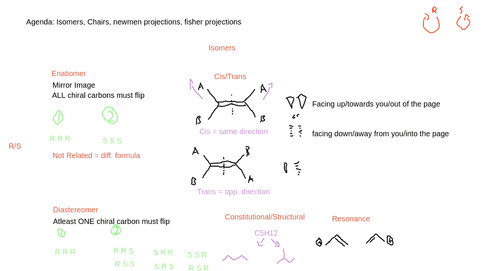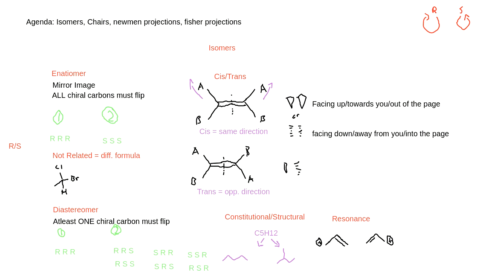So for example, let's say you have a bromine, a hydrogen, a methyl group, and a chlorine.